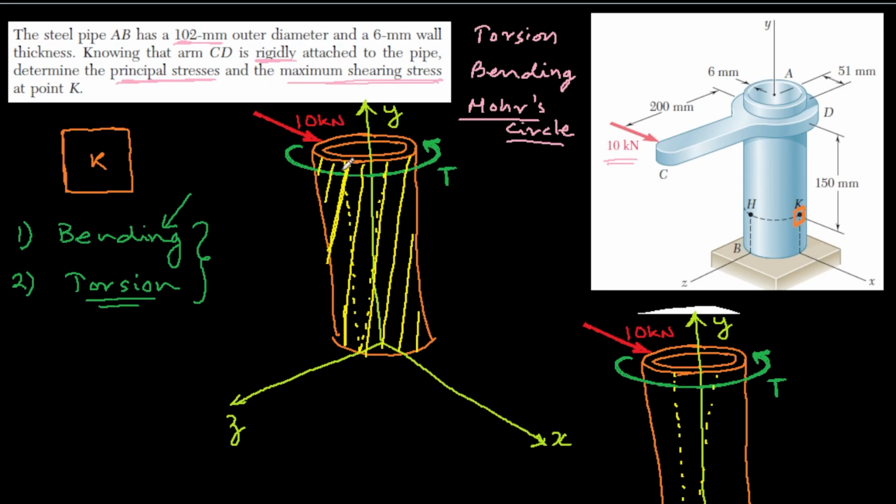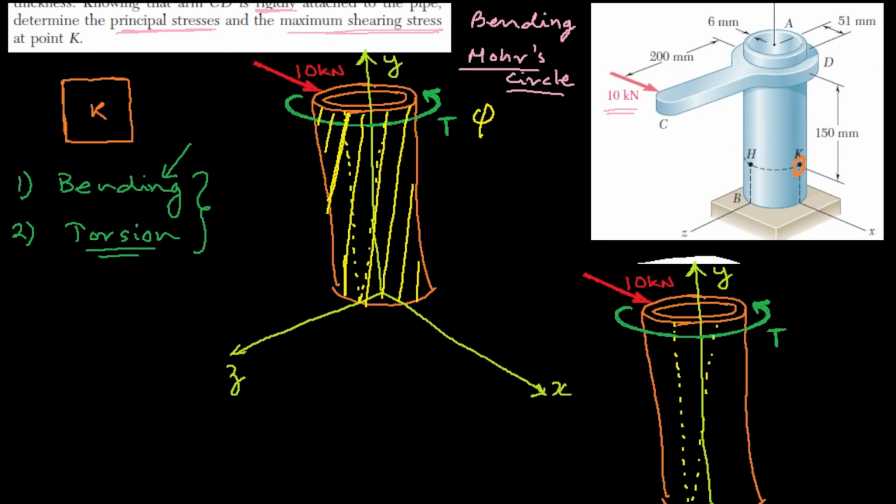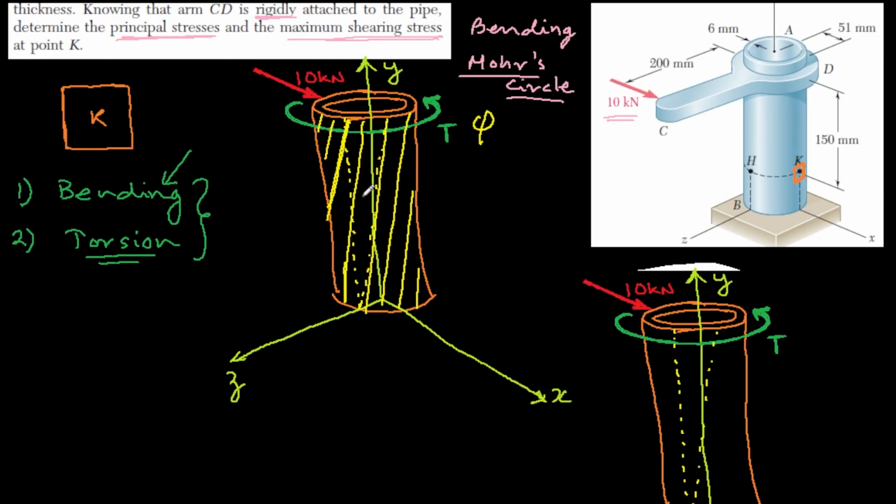This surface will be twisted by some angle phi. But now, what if we assume that this tube is infinitely rigid against torsion? That means it cannot twist, but it's somewhat flexible against bending.